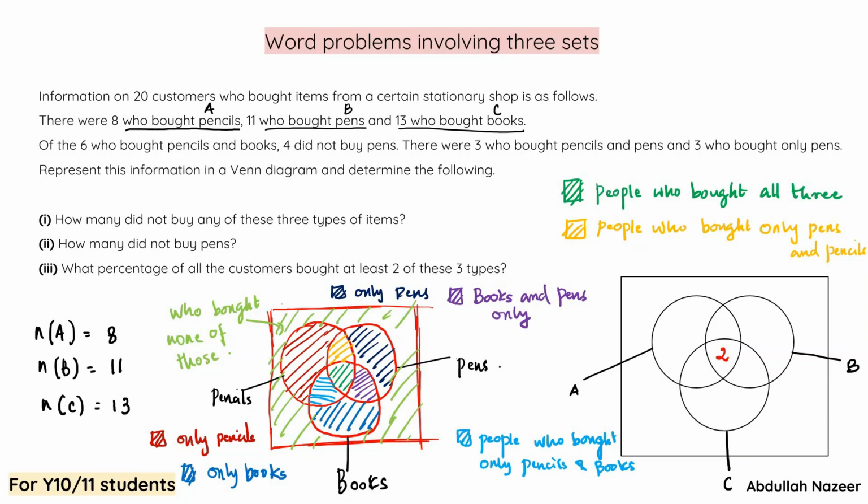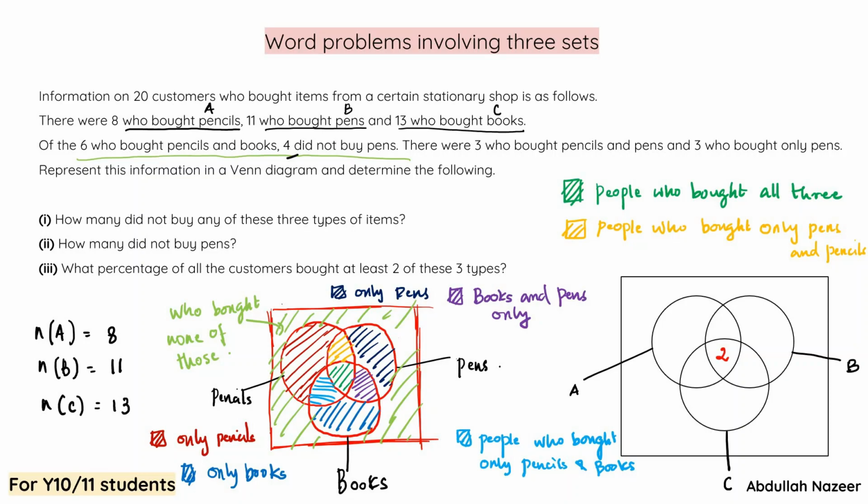Now that we've identified the regions, let's go back to the question and see which region the question is talking about. From the question we understand that of the 6 who bought pencils and books, 4 did not buy pens. So if 4 did not buy pens, 2 bought pens. So those 2 are the people who bought all pencil, books and pens.